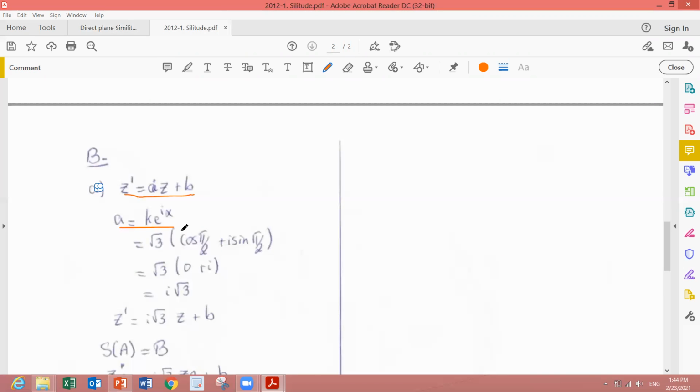The alpha is pi over 2, so it becomes cosine pi over 2 plus i sine pi over 2, which is 0 plus i, equal to i radical 3. This is A. So Z prime equals i radical 3 Z plus B.